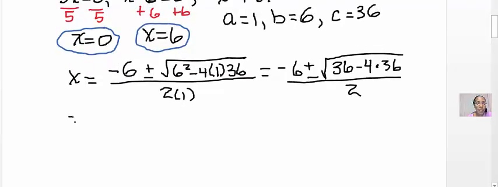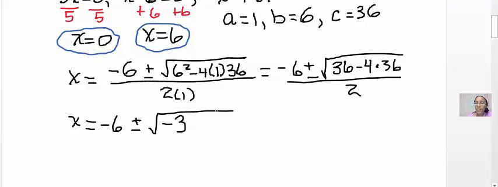Here's why: in order to simplify that radical, it's easier to leave it like this. I think of this as 1 times 36 minus 4 times 36. That's the same as something of the form 1x minus 4x, which would be negative 3x, but instead of x, we've got 36. So 1 36 minus 4 36s is negative 3 36s, or negative 3 times 36.